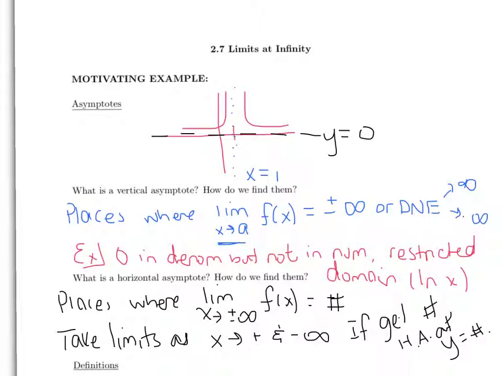So vertical asymptotes are x equals a number, which comes from the a value if there's an infinite value for the limit. Horizontal asymptotes are where you take the limit at infinity and get back a number. They're kind of opposite concepts, which is why you get both horizontal and vertical asymptotes.